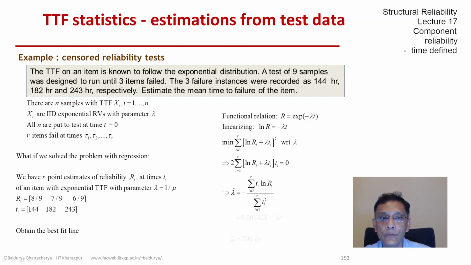So this would be another way of estimating the mean time to failure, and we can solve this with the numbers that we have, and it's not too bad. The mean is 700, so very much within the estimate that we got from the independent time between failures approach.